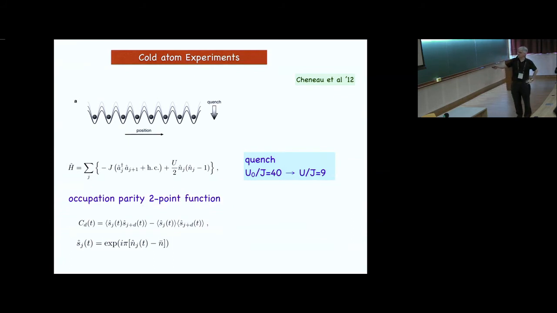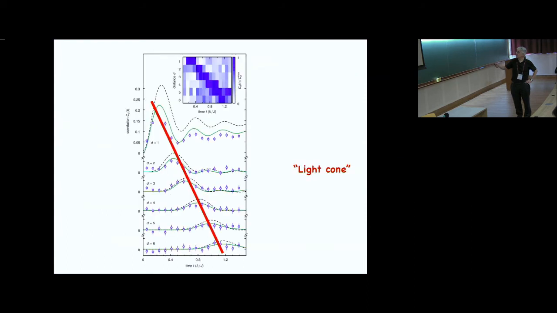So what they measure is this particular connected two-point function of operators which are related to the density operator by this formula here, and that is plotted as a function of time. The different curves are the connected correlation function of this S variable as a function of time for different separations between the two operators.